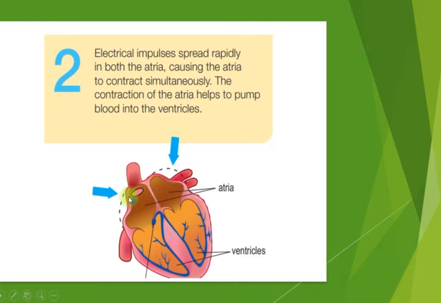So I repeat, first the sinoatrial node generates the electrical impulse, and second the impulse spreads to both atria, causing them to contract simultaneously. When the atria contract, they push the blood in the atria to enter into the ventricles.